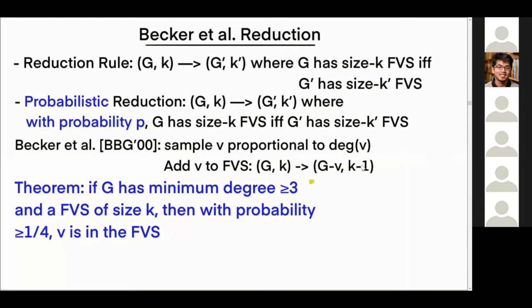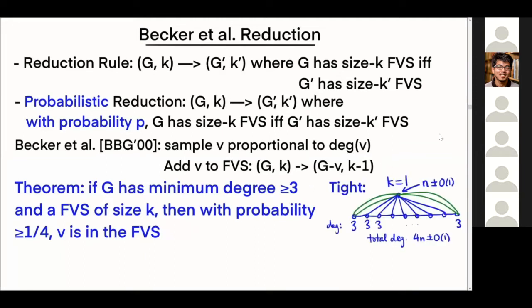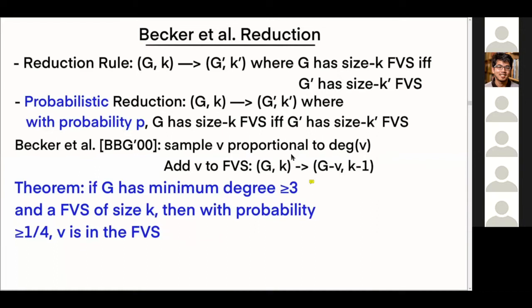After that, we might still be able to apply the first 3 reduction rules on G minus V, because you might create leaf vertices, for example. So we do that until we cannot anymore, and then we apply this reduction rule again. We can just repeat these 2 processes until K is 0. The point is, we can apply this probabilistic reduction at most K times, because every time we do it, we decrease K by 1. Therefore, we get a 4 to the K algorithm.